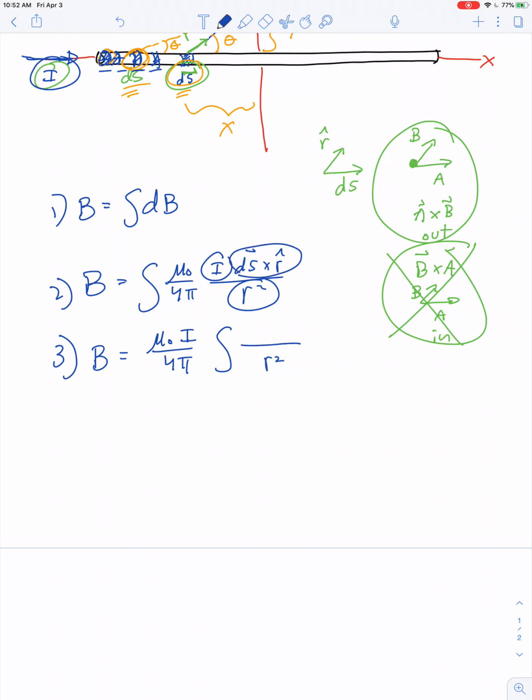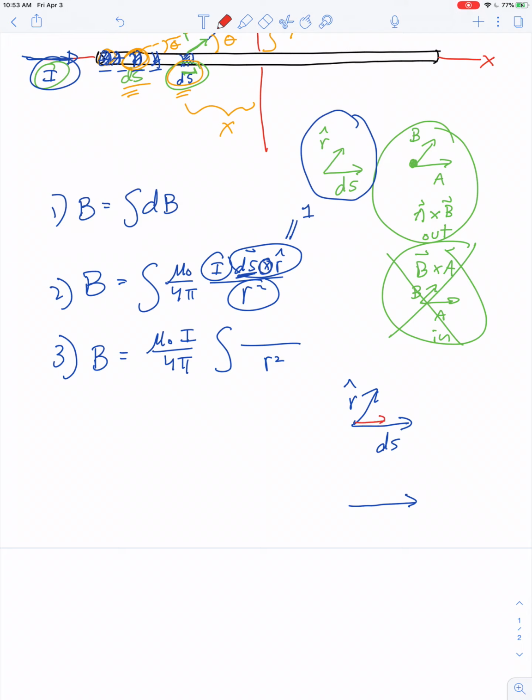So ds cross r hat, let's see, r hat is just a vector with a magnitude of 1. So all we're really doing is multiplying ds times 1, but because it's a cross product, we can think of it like this. When I try to take the cross product of ds cross r hat, I could picture it more like this. I can leave the ds alone and break r hat into components.